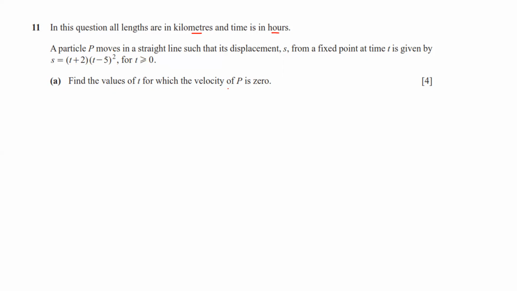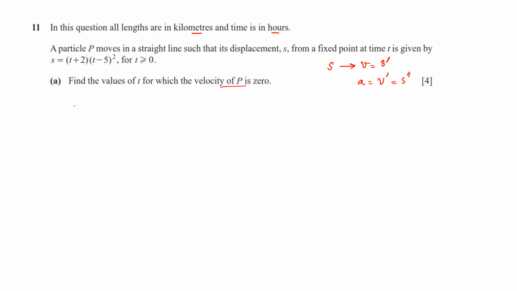Find the values of t for which the velocity of P is 0. So remember, displacement is given by S, velocity v is the first derivative s dash, and similarly acceleration is v dash or s double dash.